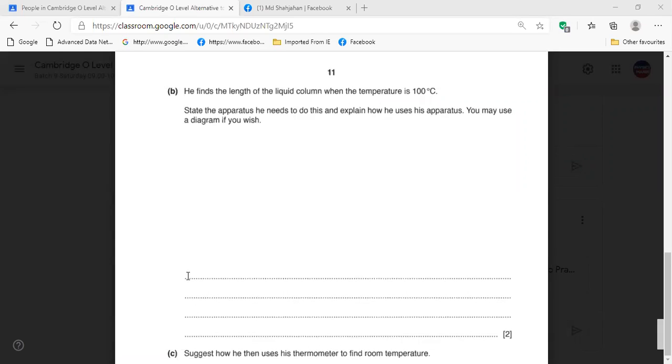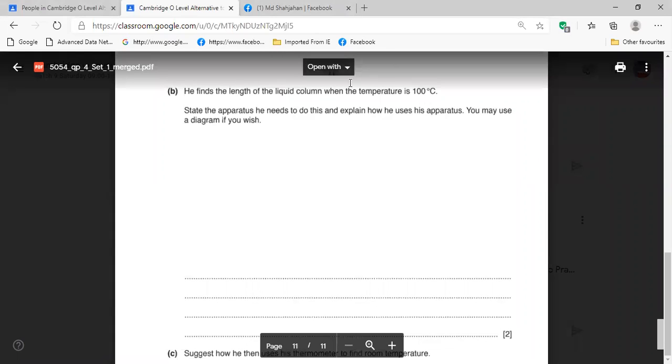Abir, say again, he is writing. Dip the bulb of the thermometer into boiling water. Very good.